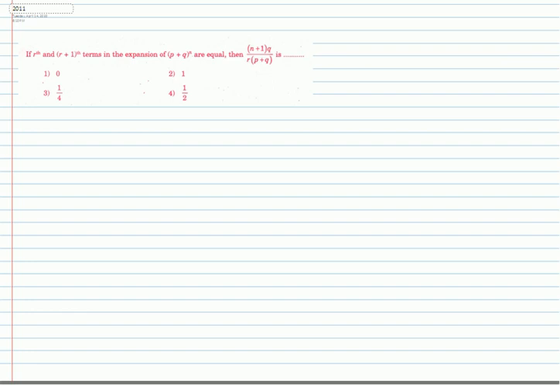So let me consider, by the trick, T(r plus 1) is equal to T(r), as given. You can take the preceding terms: first term, second term, third term. Like this, if you take r plus 1, if you take r minus 1, then r is possible. So I have taken T(r plus 1) equal to T(r) by using the binomial theorem.